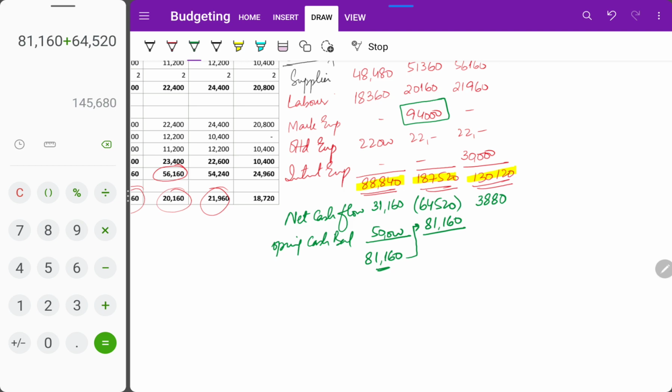Net cash flow is negative in the second month, so instead of adding it, we have to subtract it. So 16,640.